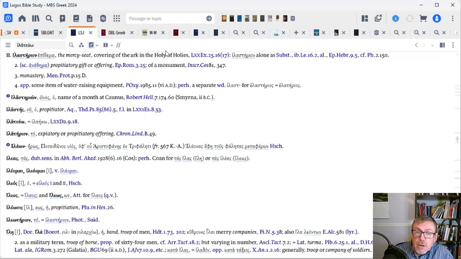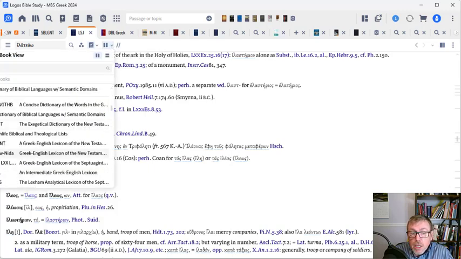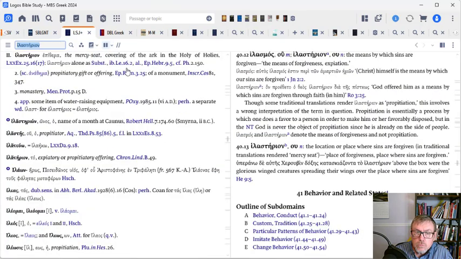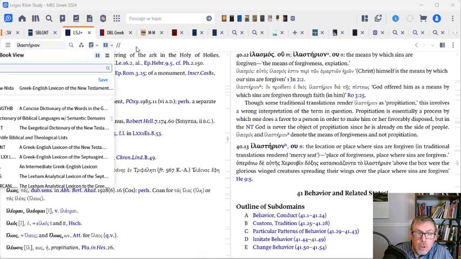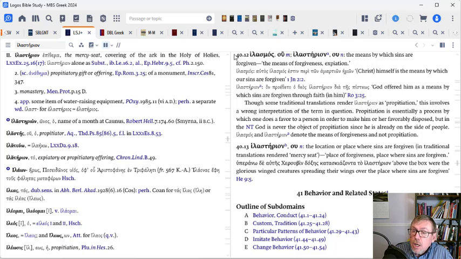If you want to compare dictionaries, one of the things you can do is come up here to the multiple books display, and you can bring in another dictionary at the same time. You see here we have the word hilasterion, and we have our original definition here, and then we have what Louw-Nida say. And Louw-Nida comes from a different position than some of the others.